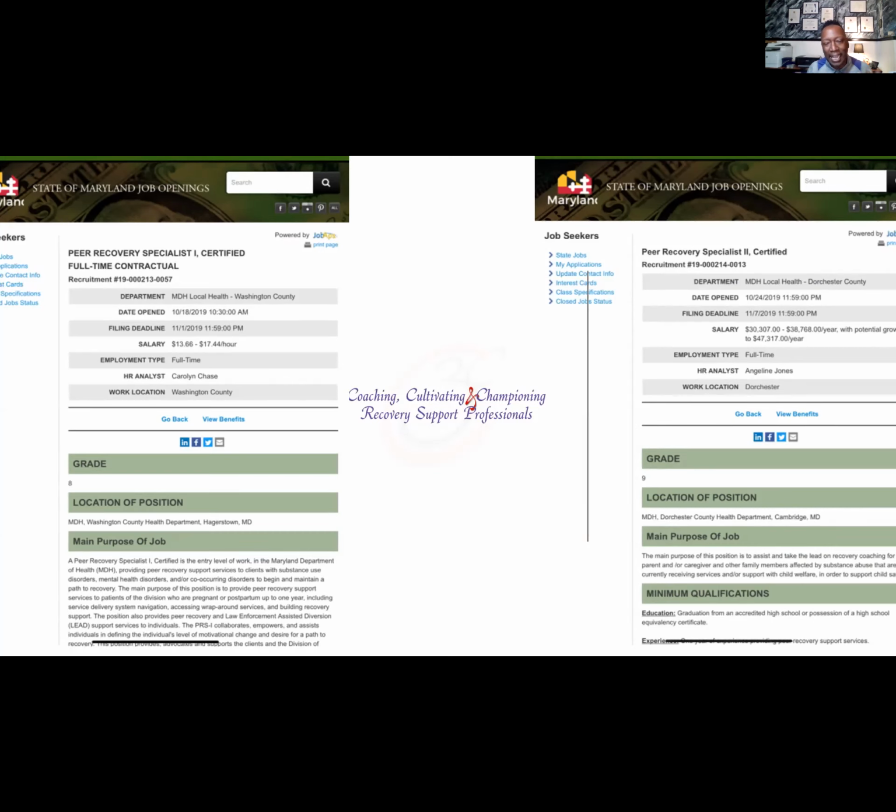They have rankings for their particular peer position. Here you'll see jobs in Washington County ranging from $13 to $17 an hour, and in Dorchester County for a peer position, anywhere from $30,000 up to about $47,000. So there's a wide range of salaries, and it really is based on what that organization is able to afford.